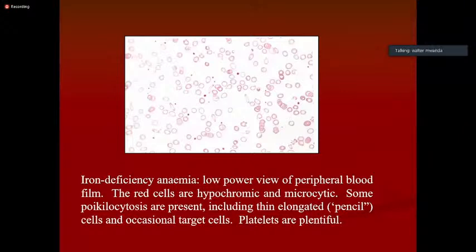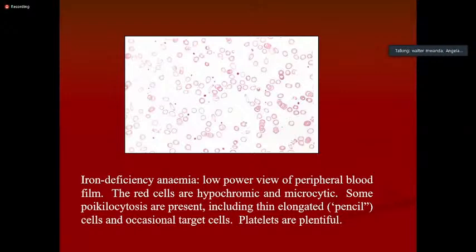As I was saying, the commonest accompanying change in shape are pencil-shaped or oval-shaped cells. These can be seen in the lower view of the peripheral blood film as illustrated.